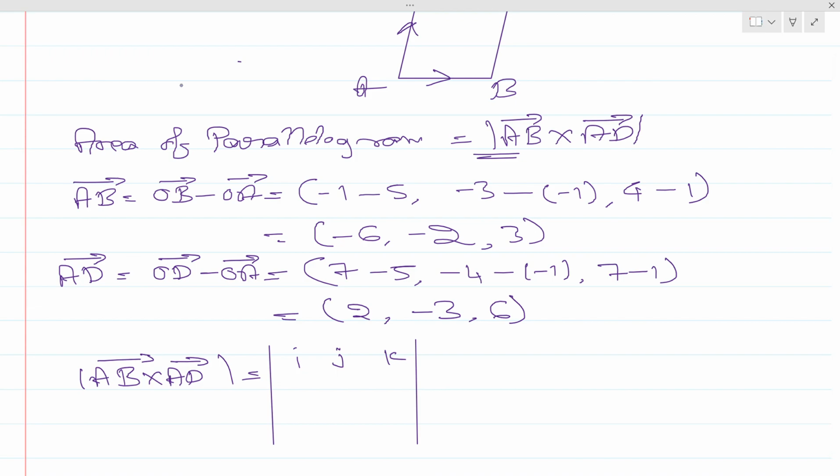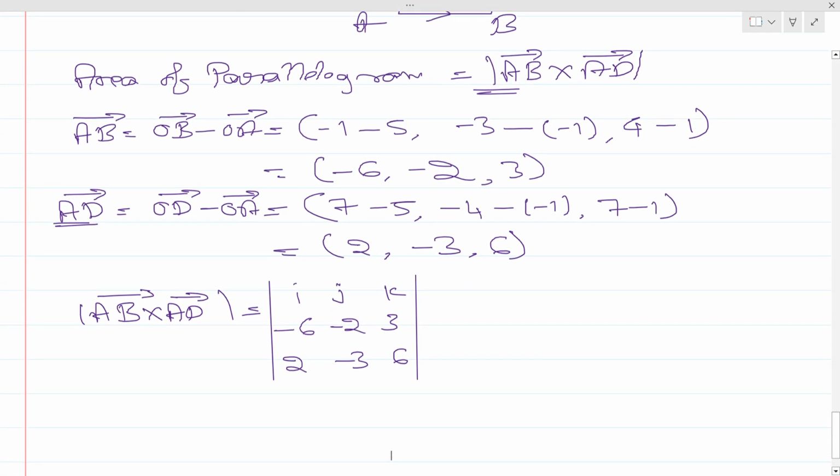Second row will be the coefficients of vector AB, that is minus 6, minus 2 and 3. And the third row will be the coefficients of side AD, that's going to be 2, minus 3 and 6.